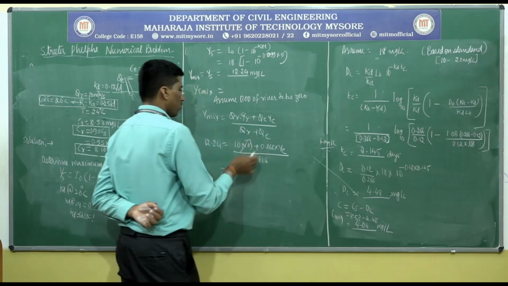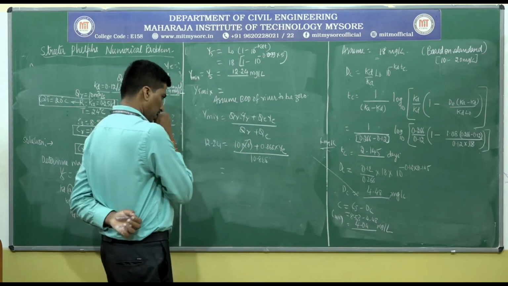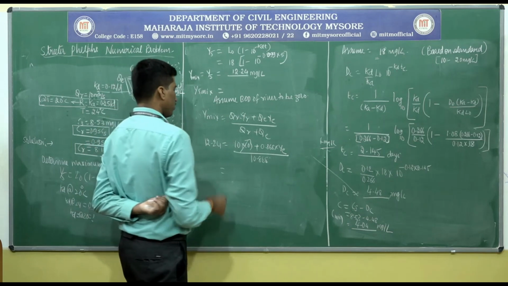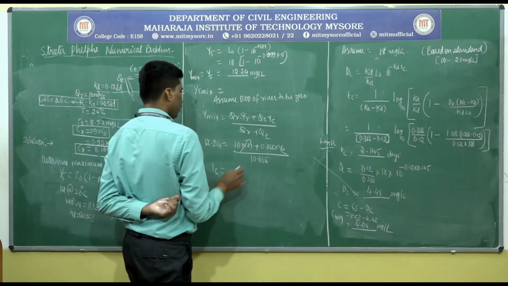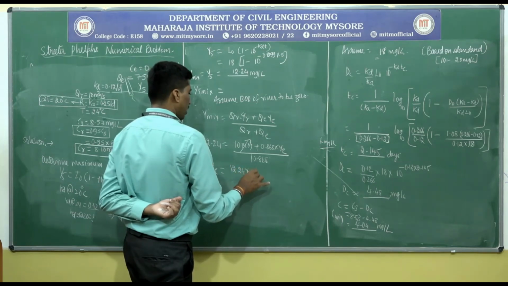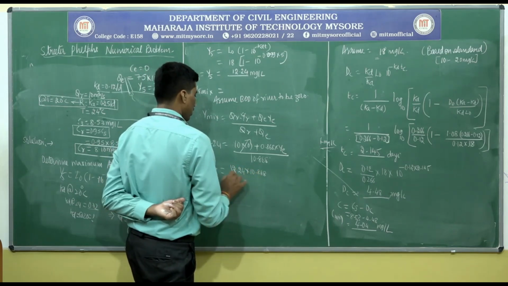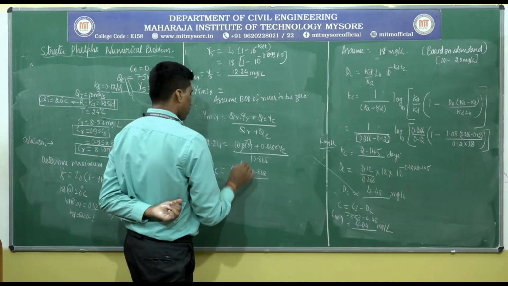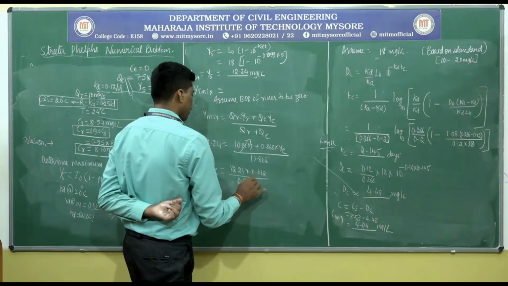When YR is equal to 0, only the numerator by denominator remains, which will give you the answer, that YE is equal to 12.24 into 10.868 divided by 0.868.